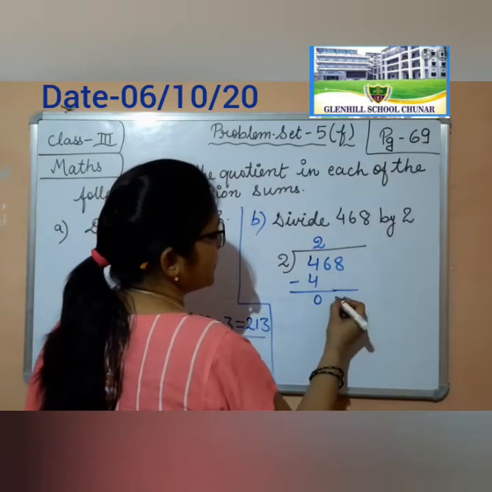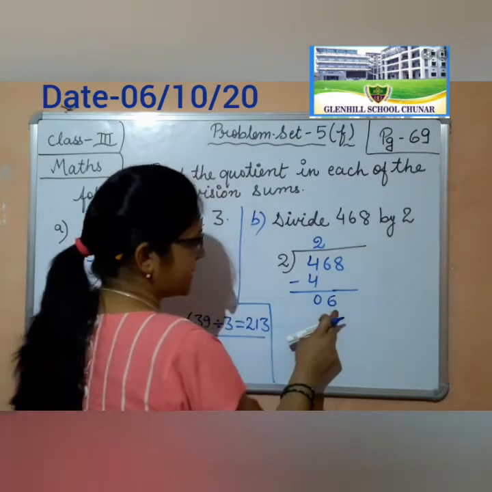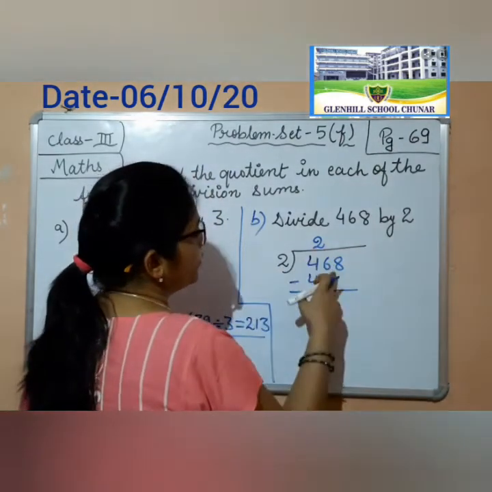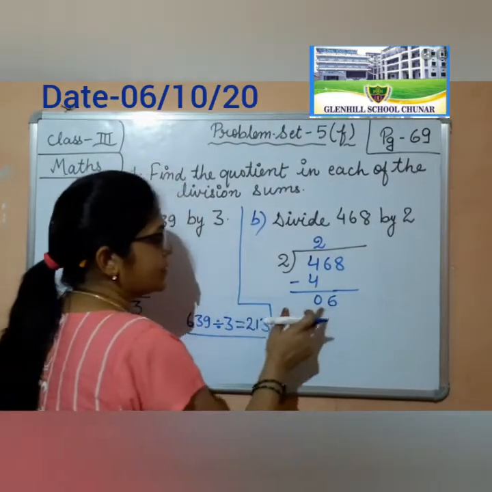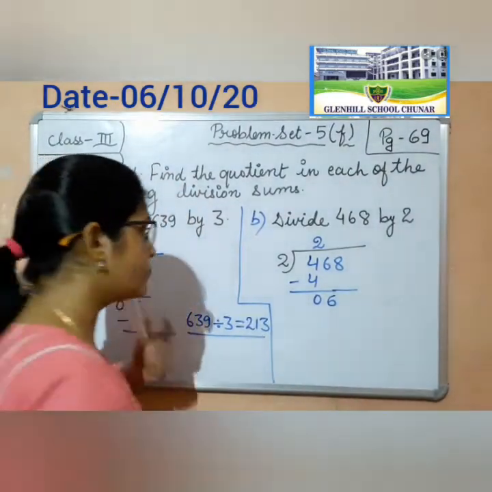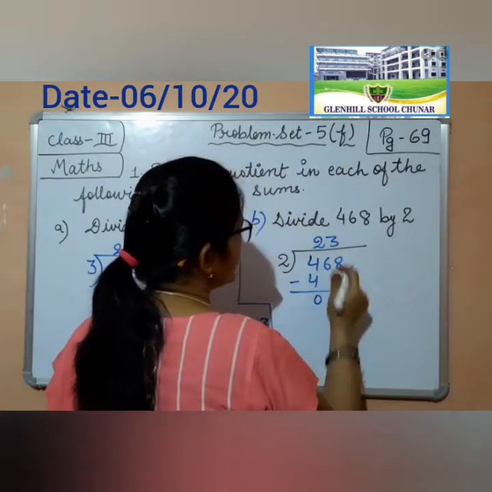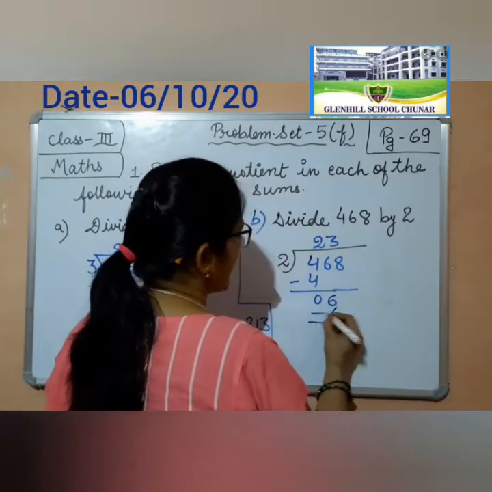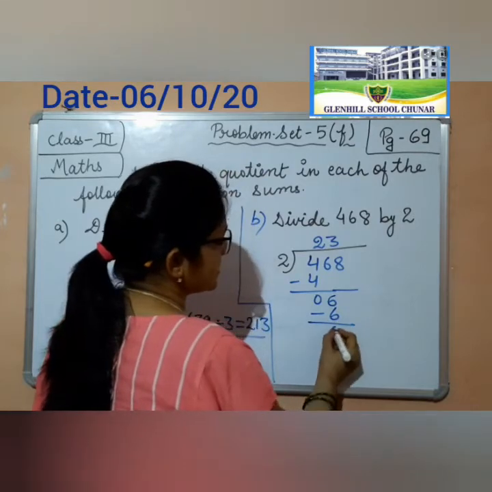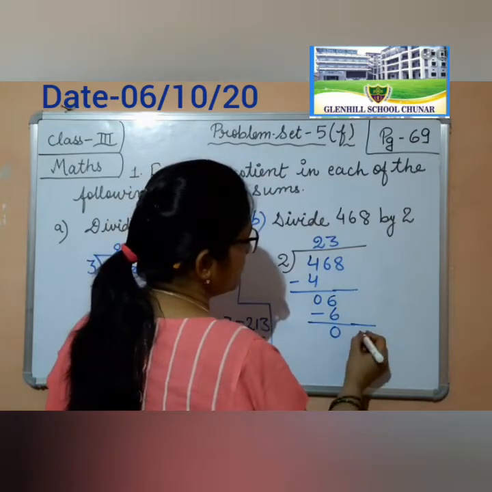Again 6 will come here. We put 6 here. Now in 2's table 6 comes in how many times? In 3 times. Okay, 2 3s are 6. 6 I have written here. Now 6 minus 6 comes 0. Now we put here 8.